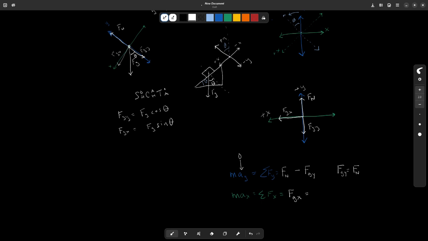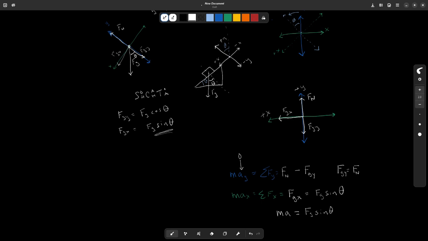And this FGX is going to be FG times the sine of the angle of my incline, as we can see in the left over here. So that means that ma, because the x direction is the only direction that has an acceleration, will be FG sine of theta.